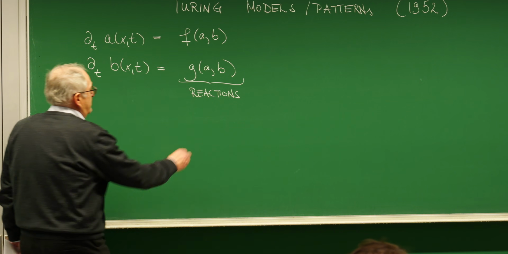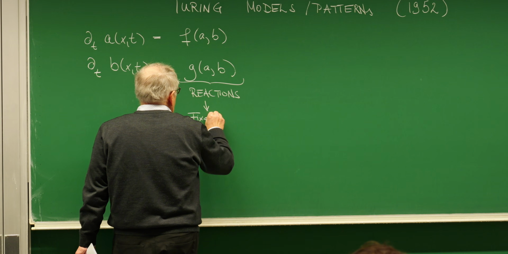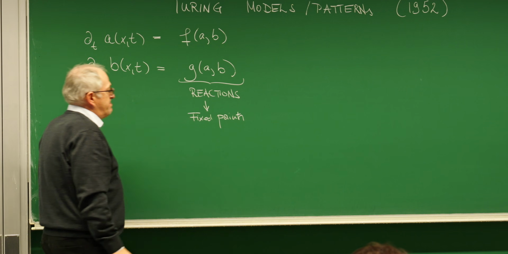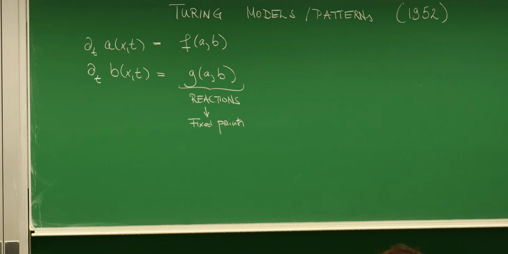And you know that this will lead to fixed points. And the most general thing you can get is maybe a limit cycle in 2 dimensions. But say if you exclude the limit cycle, you always get some kind of stable, unstable fixed points.